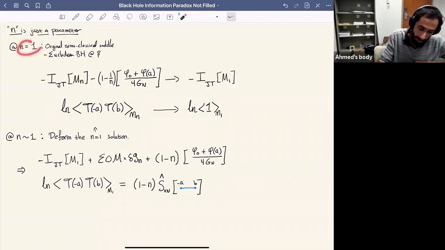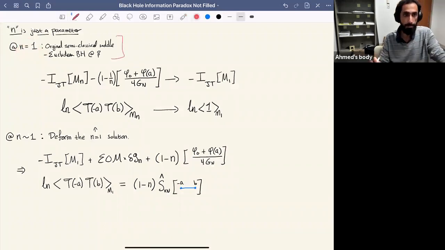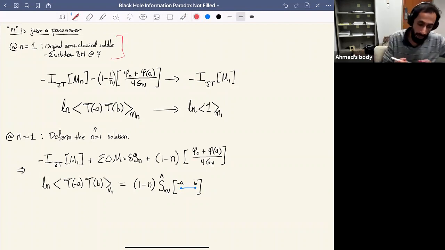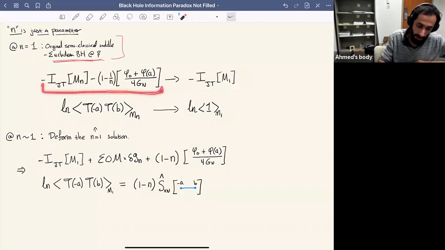If n is equal to 1, we're just back at square one. We have the original semi-classical saddle, where that saddle is simply the Euclidean black hole at some temperature beta. With this configuration, the JT action plus the cosmic brane term just becomes a JT action on just M1, which was just one copy of the disk.